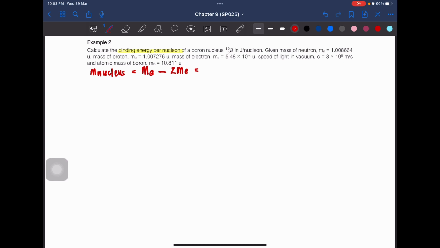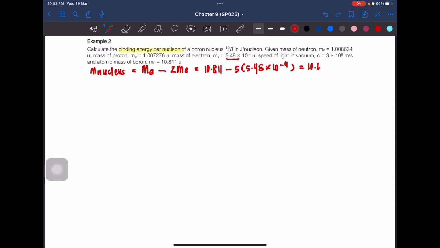Okay, so sekarang this is 10.811 minus, so what is the value of Z? Z is 5. So this is 5 times with the mass of electron, which is 5.48 times 10 to the power of negative 4, which will then equal to 0.1020 U. Okay, so that is the mass of nucleus.